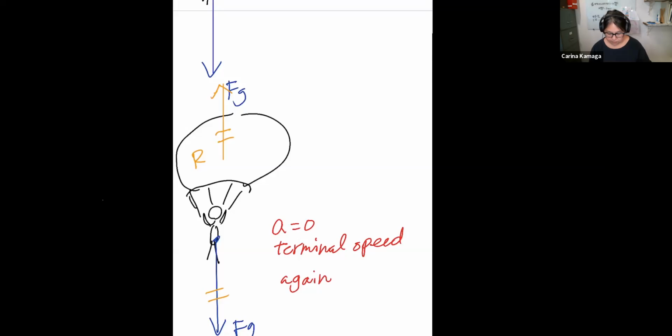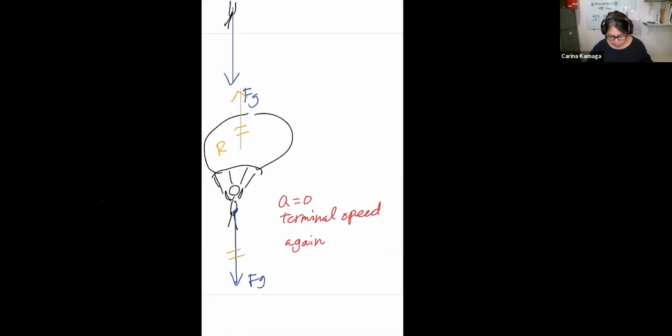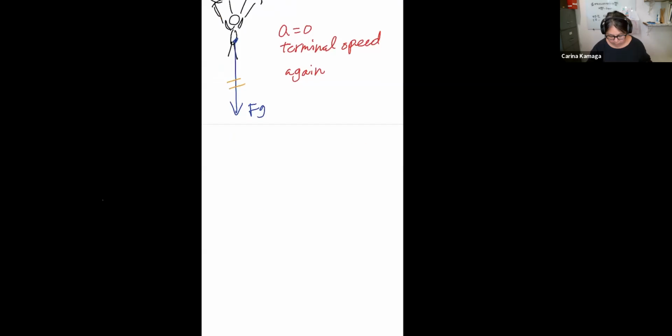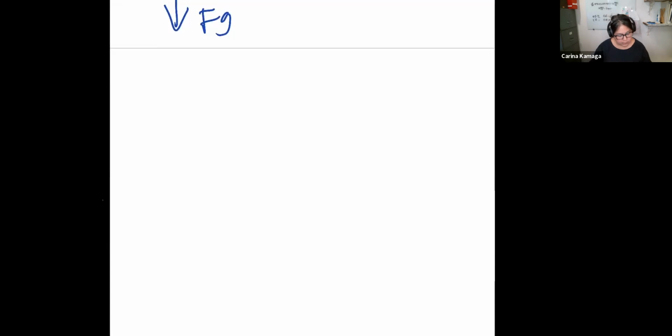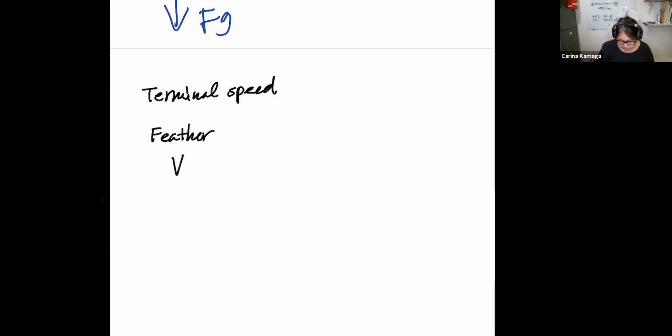All right. Let's see. I'm going to ask you. Hope you kind of understand about the terminal speed and the property of air resistance. So for example, about the terminal speed, the feather and a skydiver.